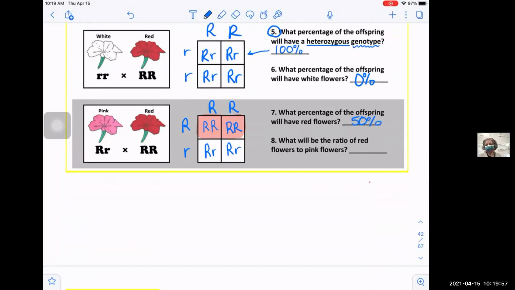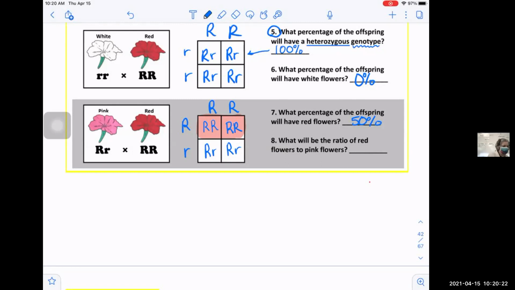All right, and I think number 8 is the hardest question on here. So it's asking, what will be the ratio of red to pink flowers? It's not asking about white. It's not asking for the genotype or the phenotype ratio. It's just asking, what is the ratio of red to pink?